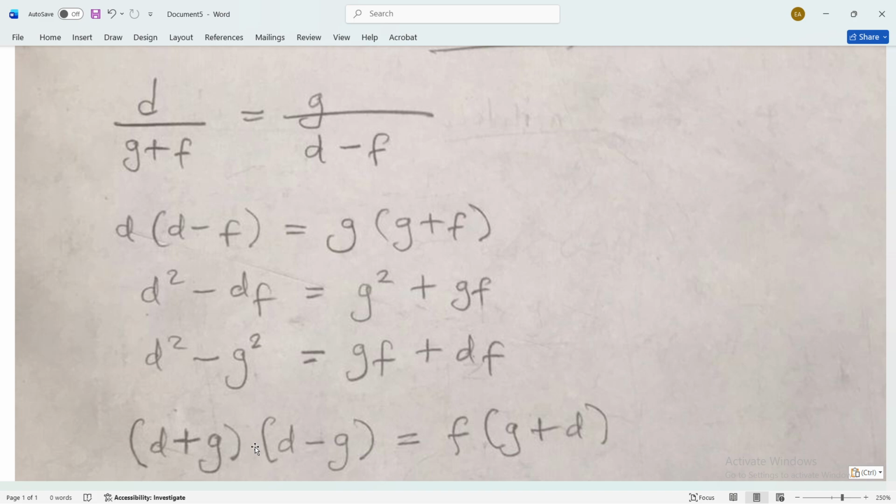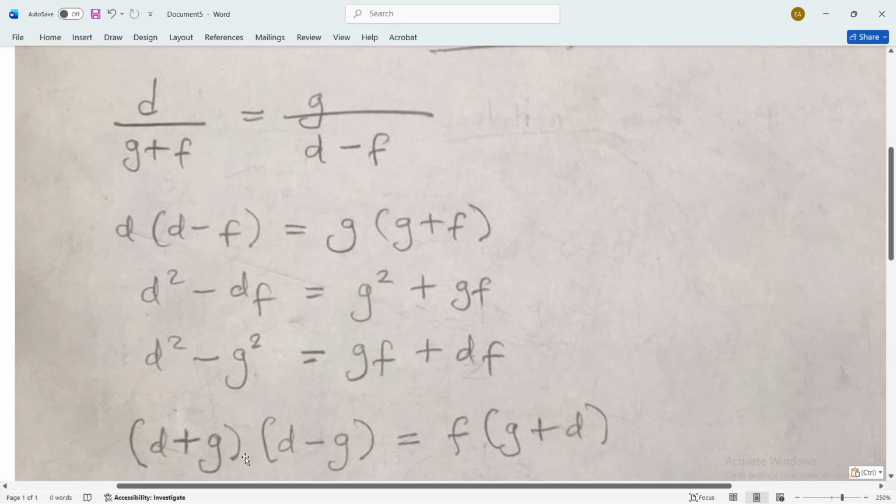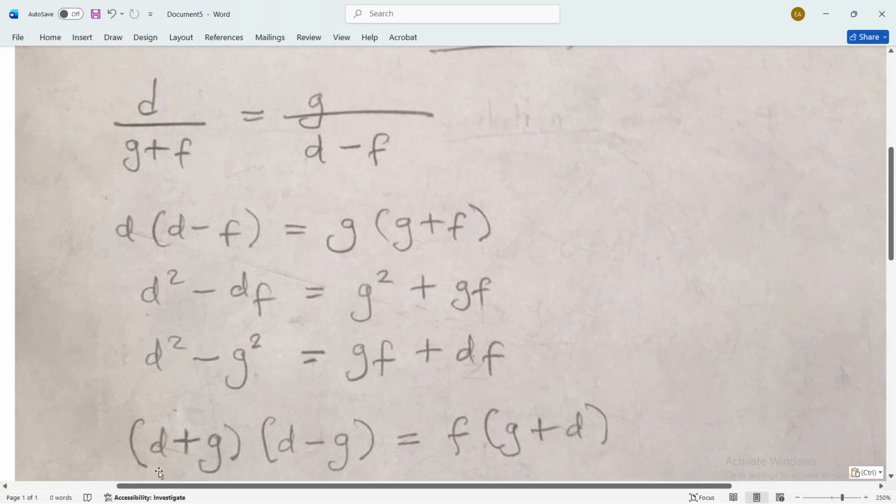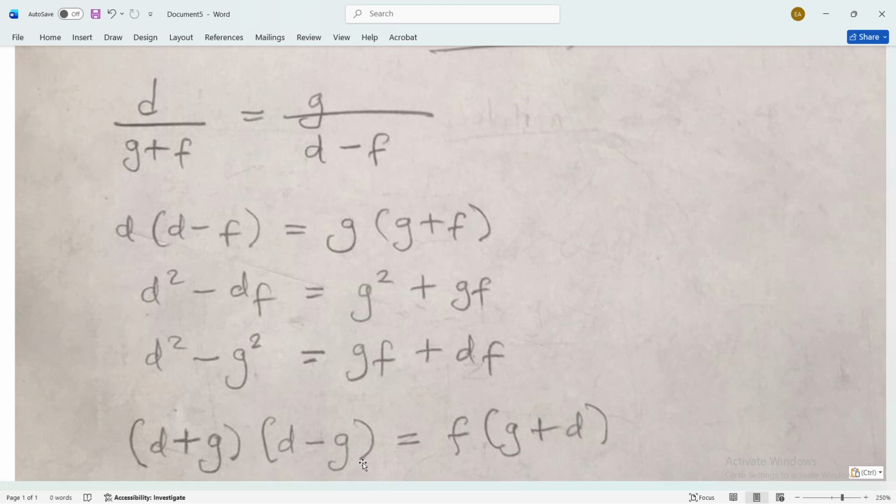Positive j multiplying positive d will give us positive dj, and positive j multiplying negative j will give us negative j square. So we have our equation to be d square minus dj plus dj minus j square.